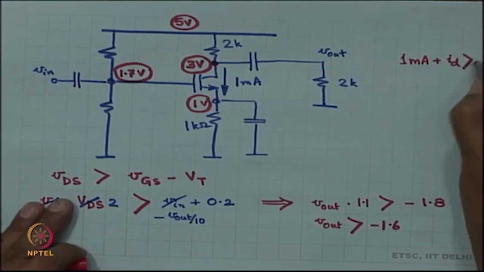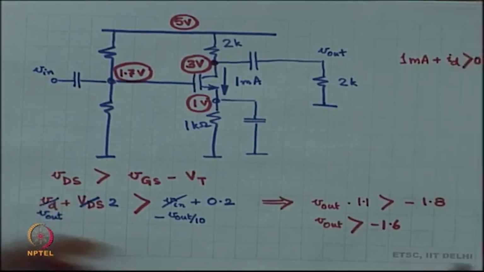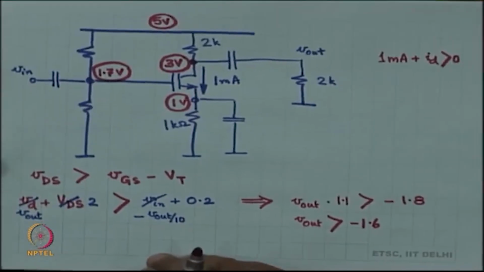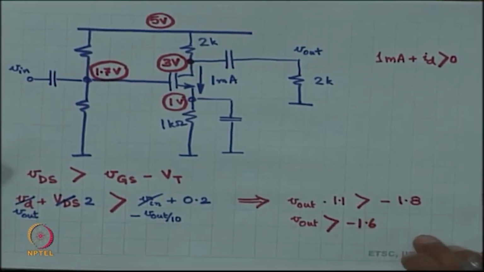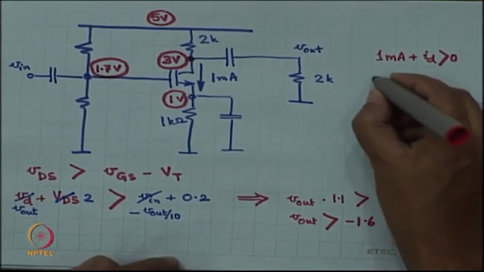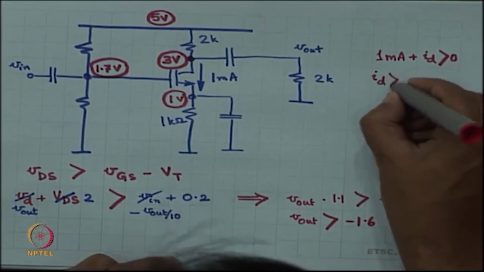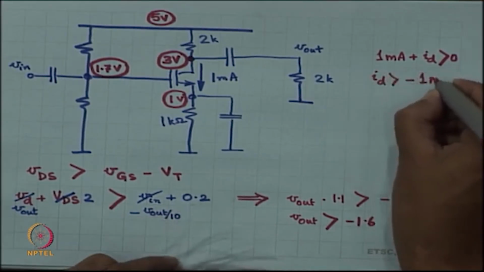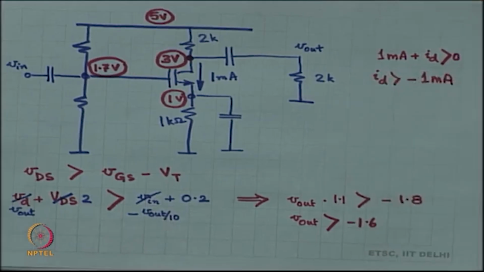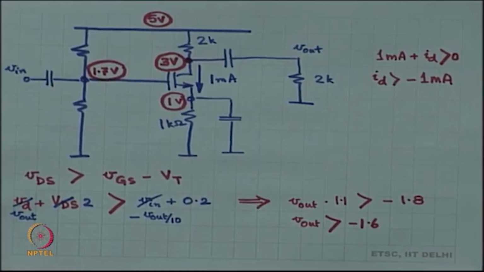This has to be more than 0 at all times, which means small id has a minimum, right. Small id always has to be more than minus 1 milliampere. This is the requirement.